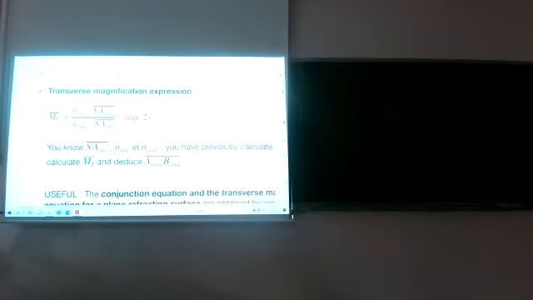So what about the transverse magnification? If you have these two, you have to construct an image with a diopter and work on the transverse magnification. If you haven't done that, we're going to do that now.